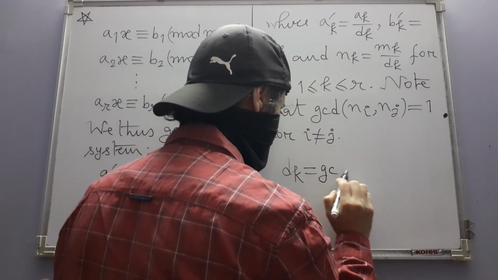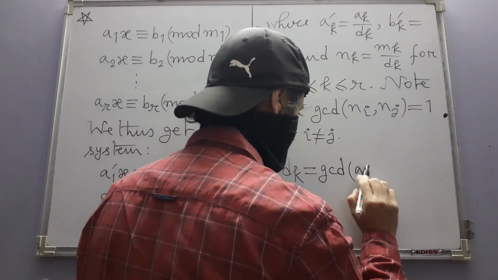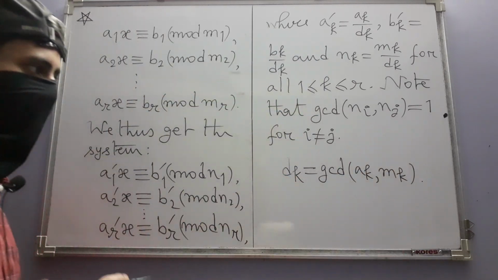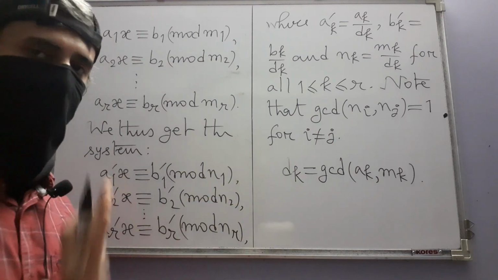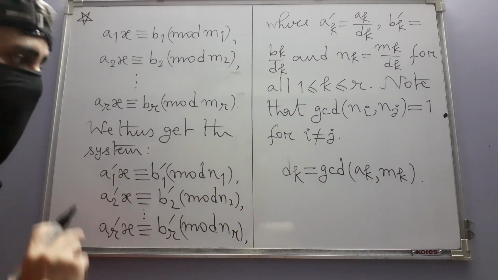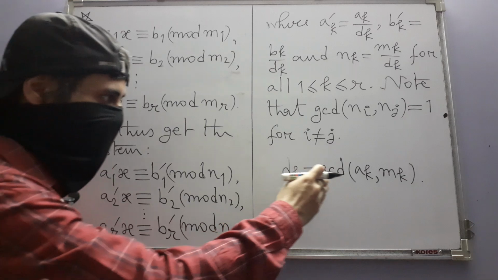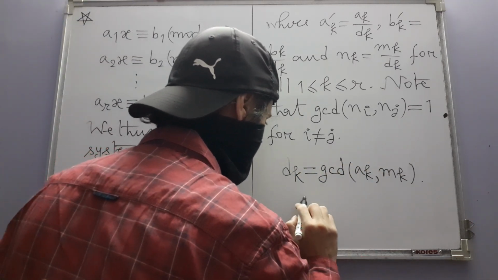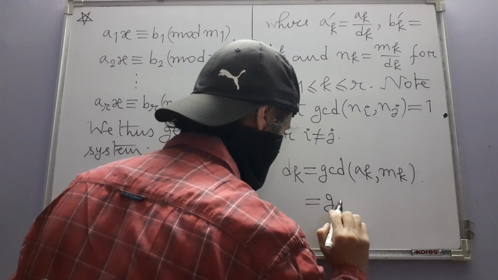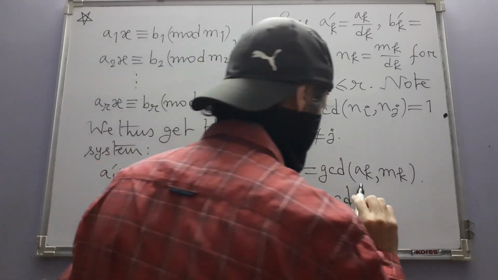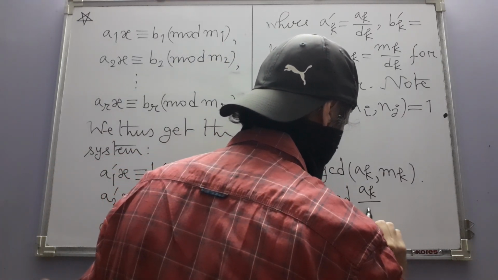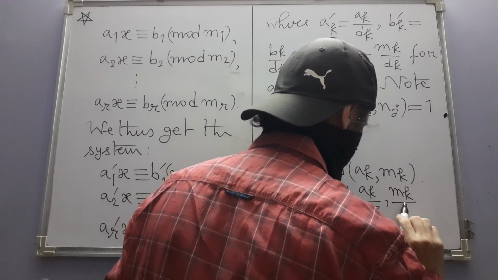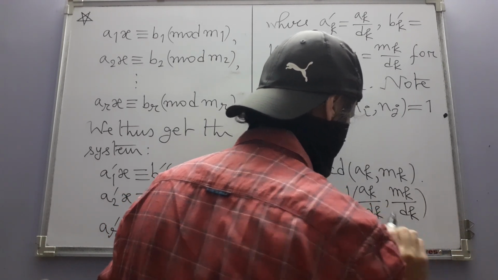dk is the GCD of AK and MK, and dk is not necessarily 1. Now, however, after dividing these two integers by dk, we are getting this GCD of AK divided by dk and MK divided by dk.